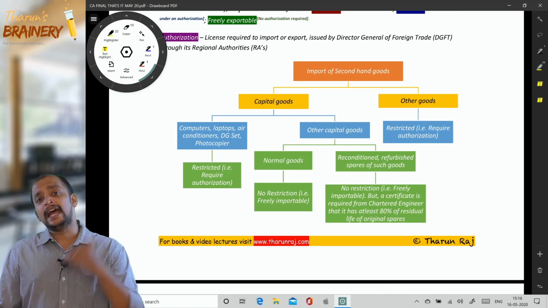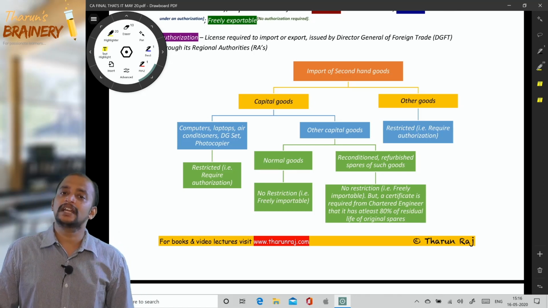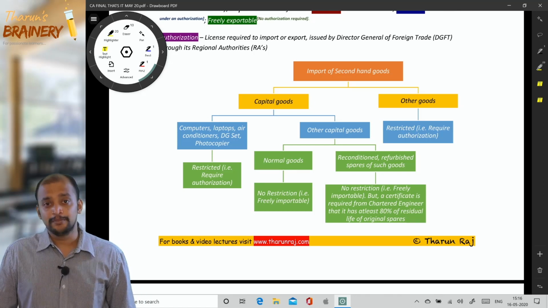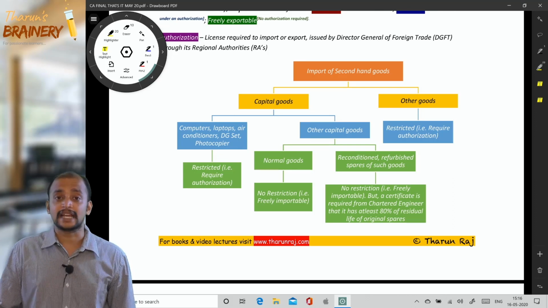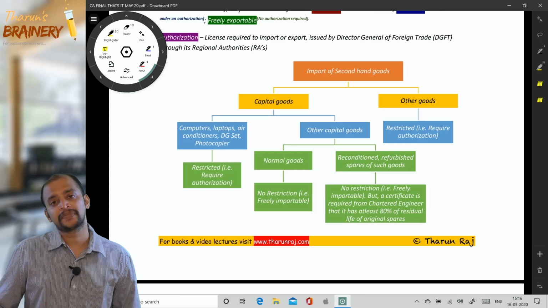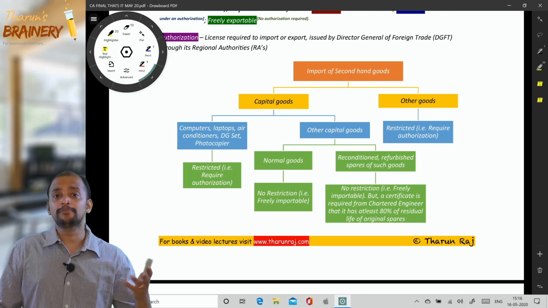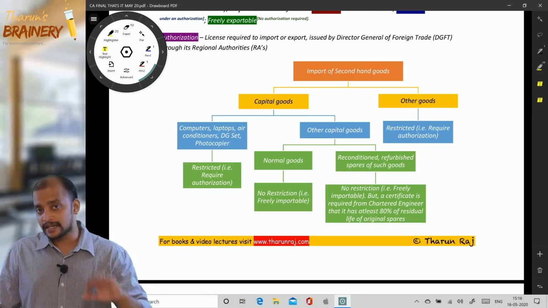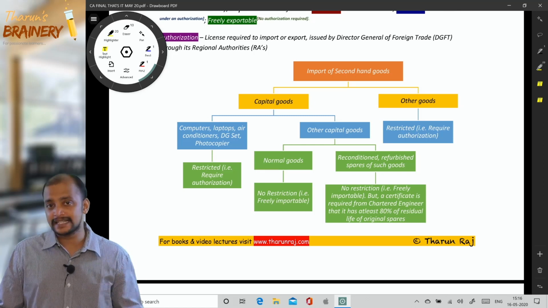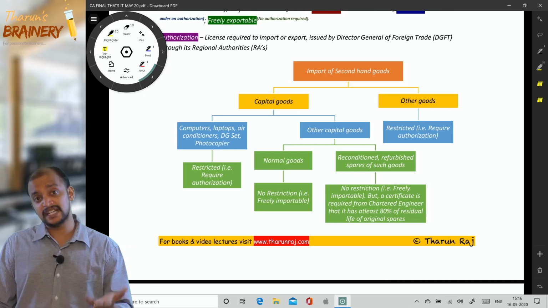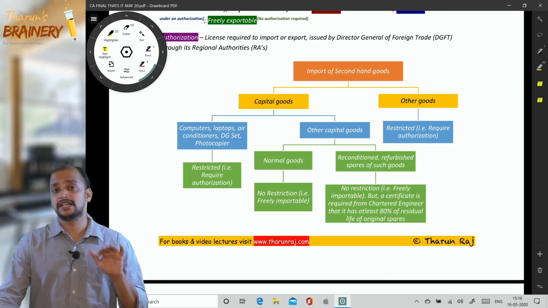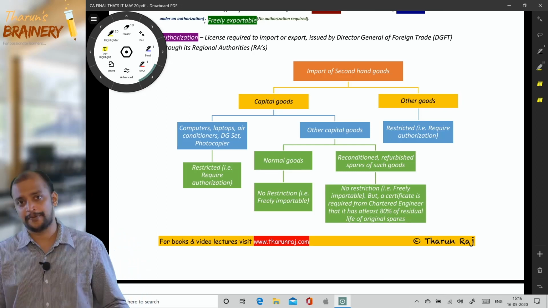Now, as a second hand when I import, whether authorization required or not, because it's first hand required authorization, we cannot generalize that even second hand requires the authorization. Same way, if you are importing a printer or if you are importing an AC, authorization not required if it is first hand. But if it is imported in second hand, whether authorization required or not, we need to check.